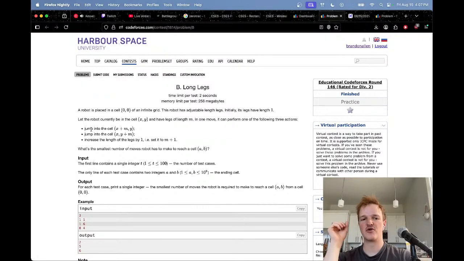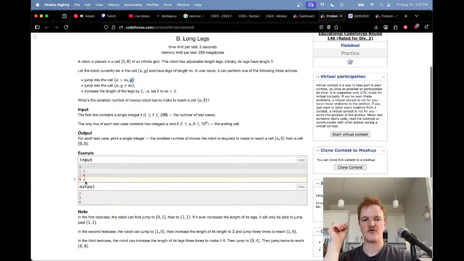I think you would just go to the square root of the larger of the 2. So for 8, 4, what would you do? The square root of 8 is 2, basically. So you'd say, increment the length of the legs to 2. Move to the 4 spot.